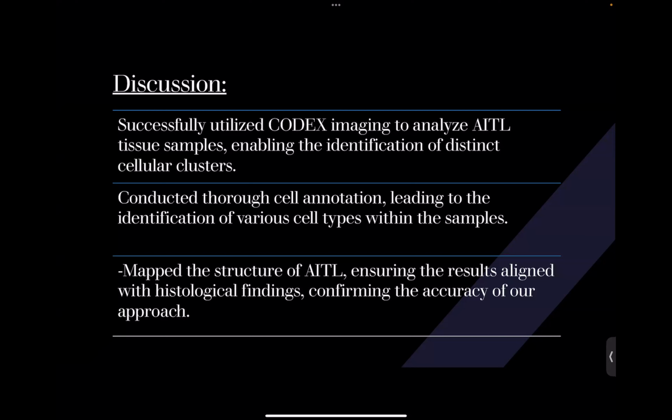And so we conducted a thorough cell type annotation, which leads us to having more cell types and helping us understand the different cell types that are involved in AITL and how these cell types would interact with one another. And so we also mapped the structure of AITL, which ensured that the results were analyzed with our histological findings, and it also confirmed our accuracy for this kind of approach.